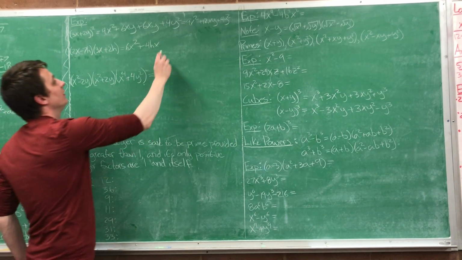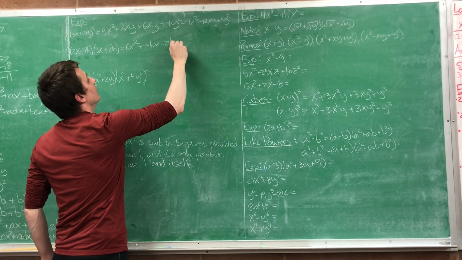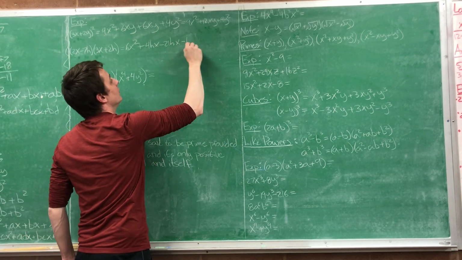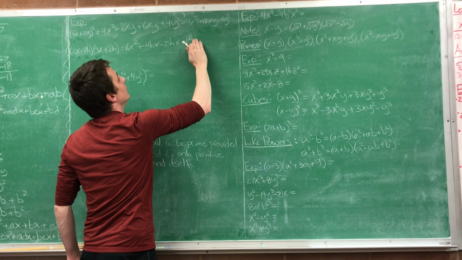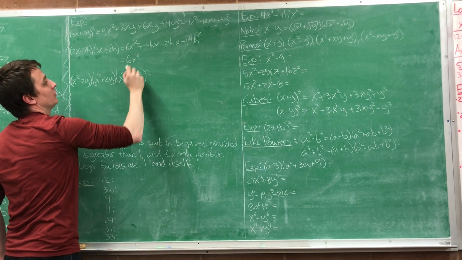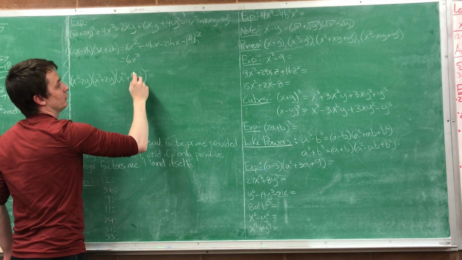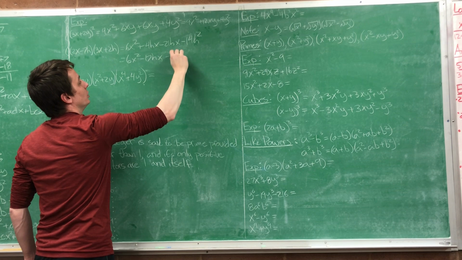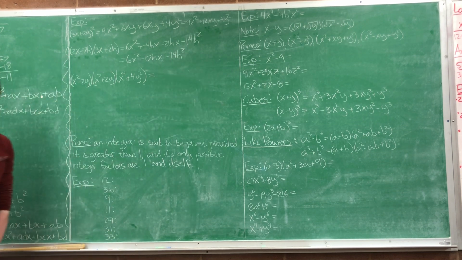Minus 21hx, minus 14h squared. Good, which is obviously equal to 6x squared. We have 4 here. We have minus 21 there, which gives us minus 17hx minus 14h squared. Right?